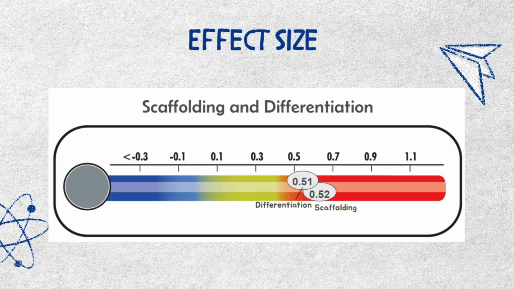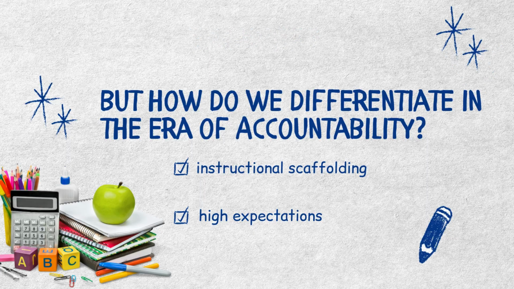To put it simply, when we effectively use scaffolding, breaking down complex tasks and gradually removing support as learners grow, and differentiation, tailoring our instruction to meet diverse needs, we're making a real, measurable difference in our students' learning journeys. These numbers tell us that these aren't just good ideas, they're powerful tools for student success.